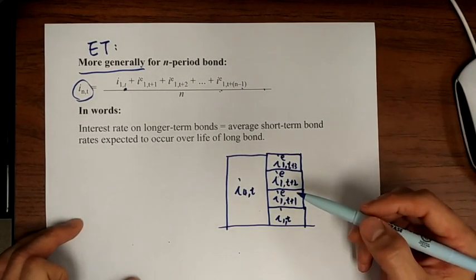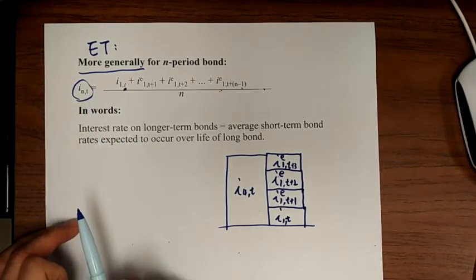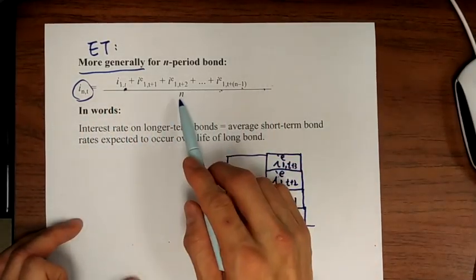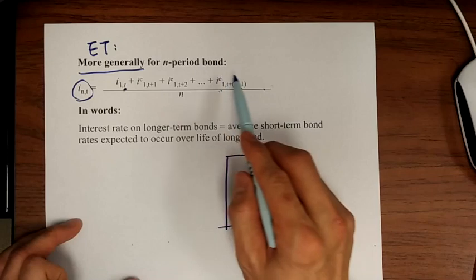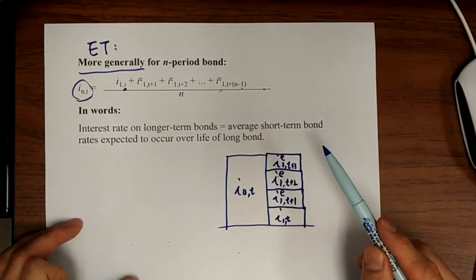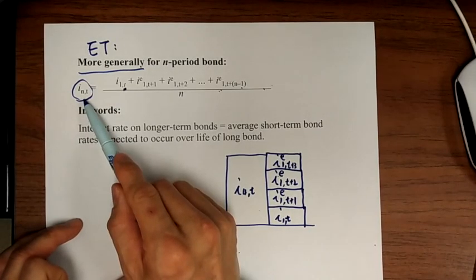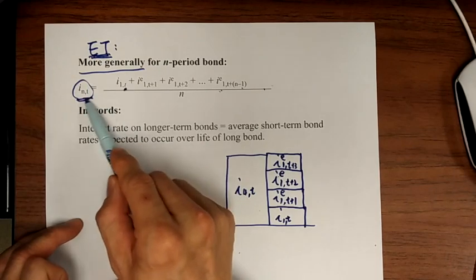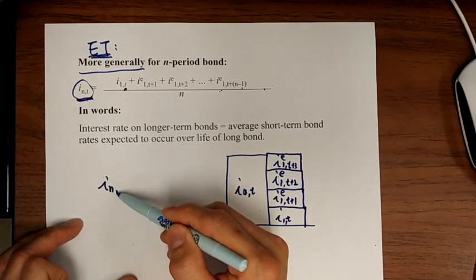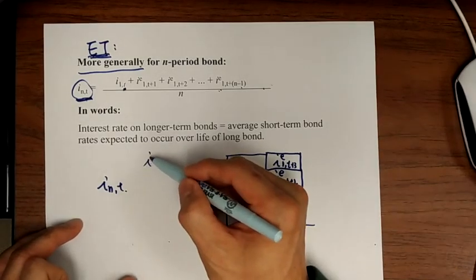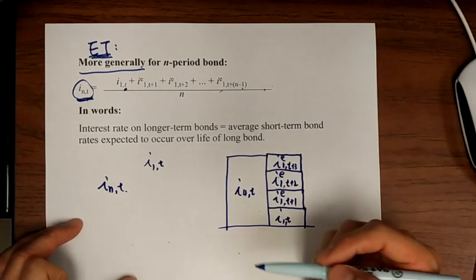That is, the N-year bond interest rate today should be equal to the average of the next N 1-year bond interest rates. And that's our goal, right? So expectation theory gives us I_N_T. The 1-year bond interest rate today, you know that.